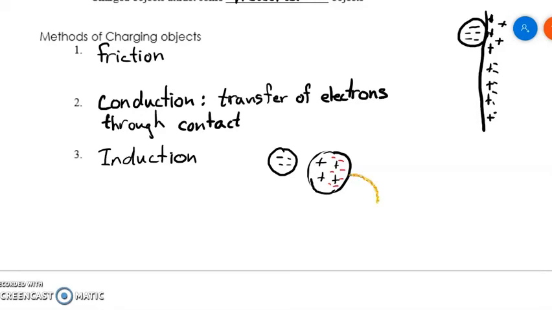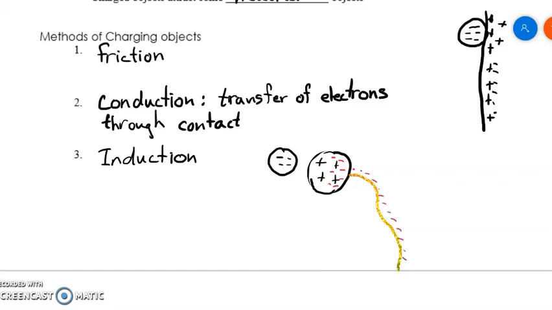wire, let's say, a rainbow wire, and you attach it to the ground, this is called grounding an object. So the ground, literally the earth, will accept as much negative charge as you can throw at it. And so these negative charges over here are now going to get attracted to the earth.